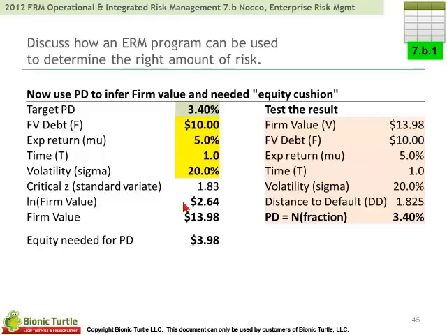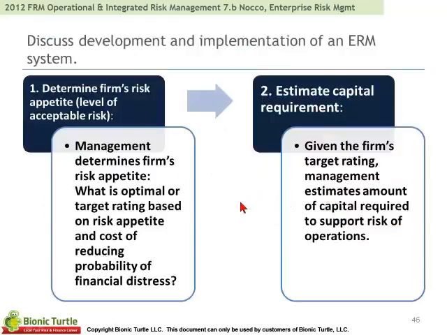And so that's the two-step process that gets us from the firm's shareholders, board and management articulating a risk appetite into a number for the equity that the firm wants to have to support the probability of default that's consistent with that risk appetite.